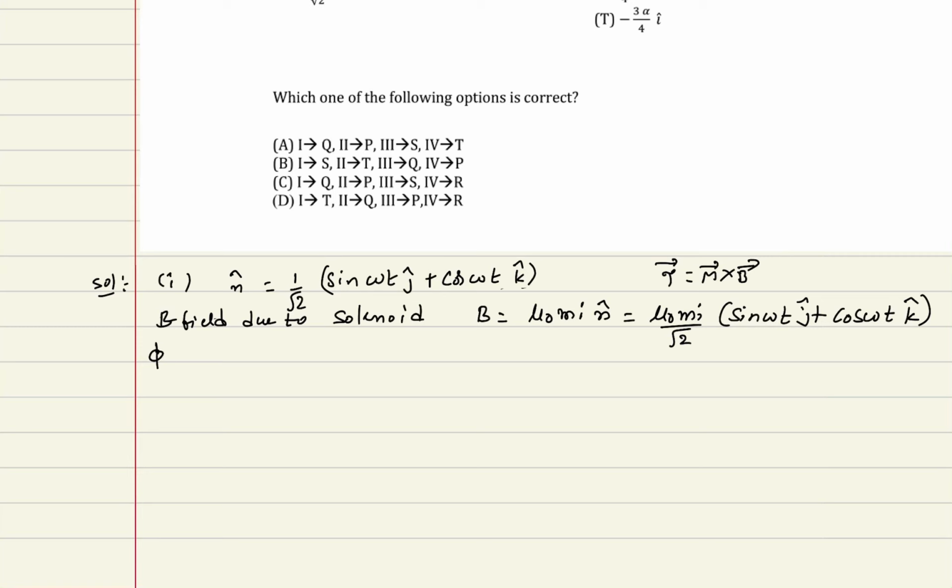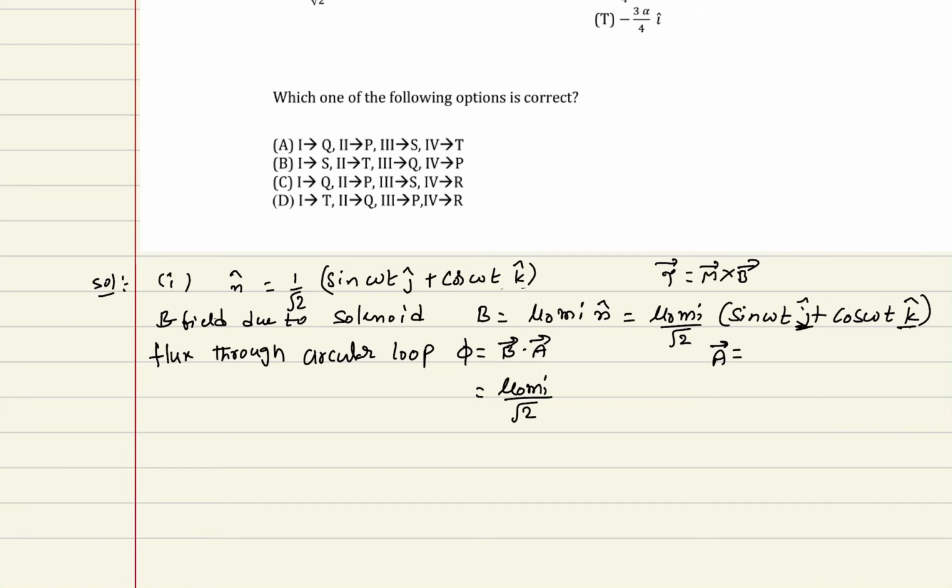Now the flux through the small circular loop. Flux is equal to B bar dot A bar. B bar is mu naught m I divided by root 2 into (sin omega t j cap plus cos omega t k cap).